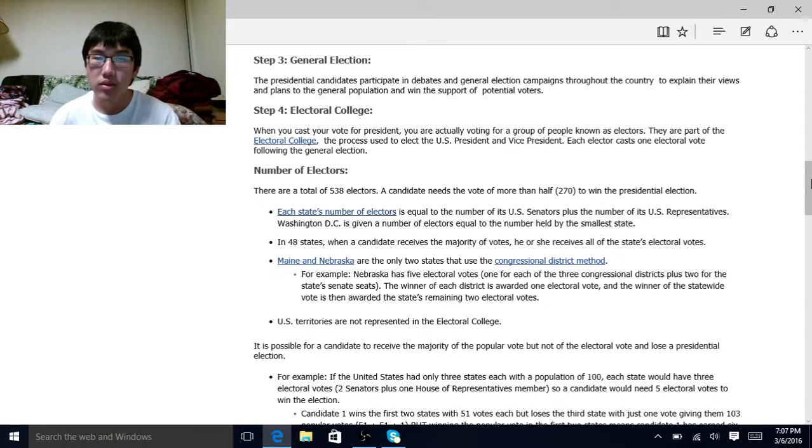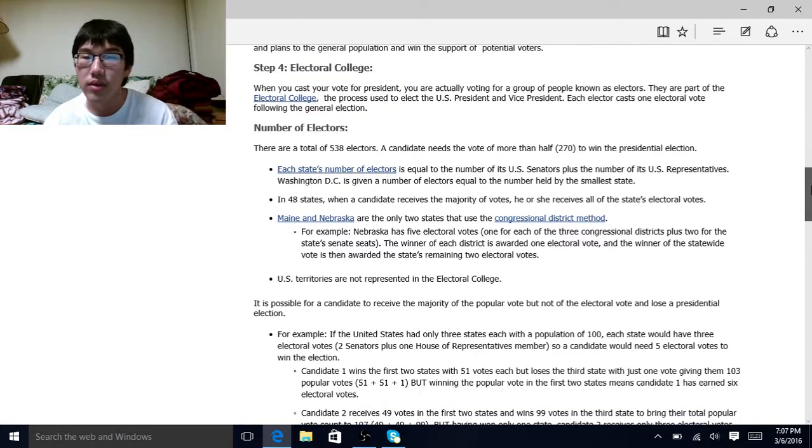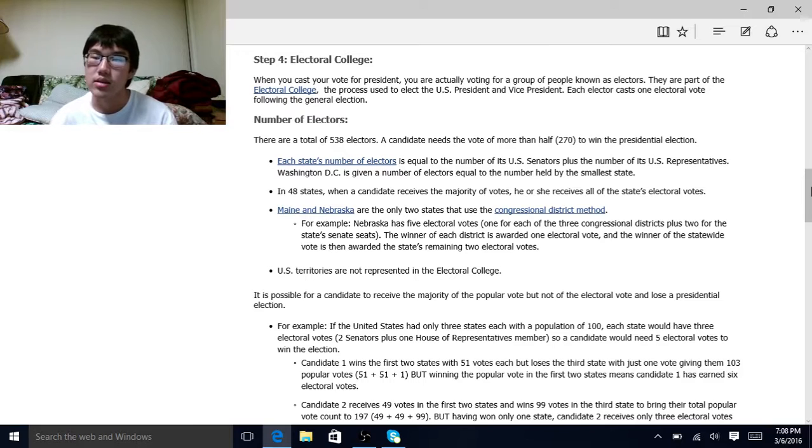When you cast your vote for president, okay, electoral college. When you cast your vote for president, you are actually voting for a group of people known as electors. They are part of the Electoral College, the process used to elect the U.S. President and Vice President. Each elector casts one electoral vote following the general election.